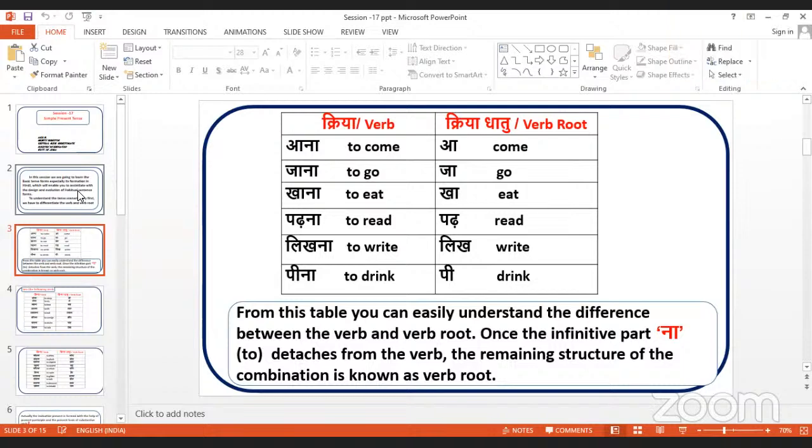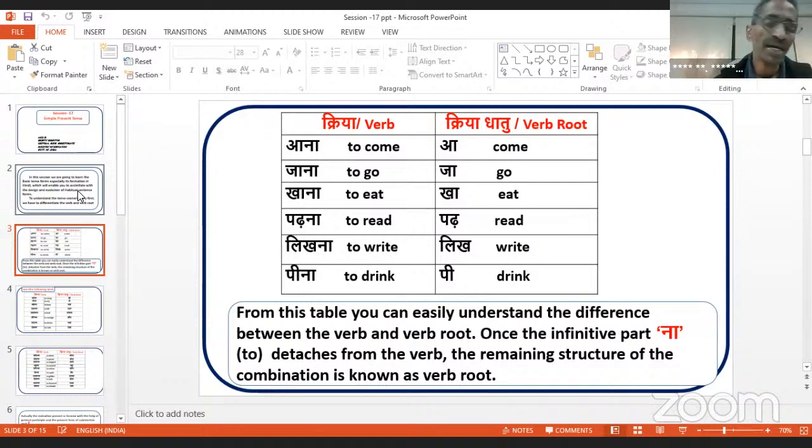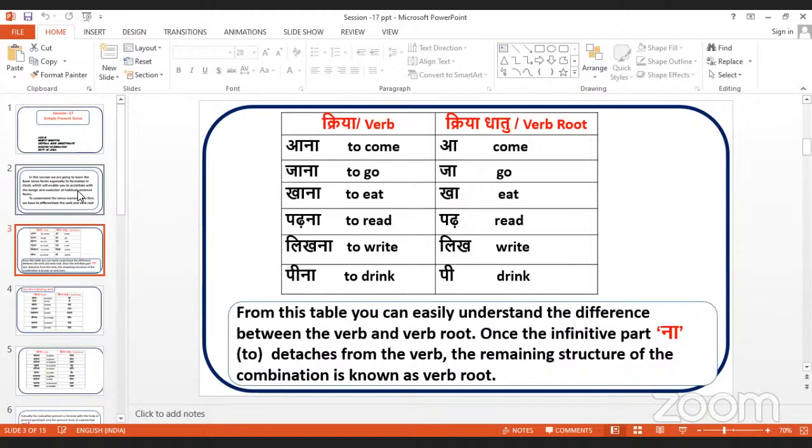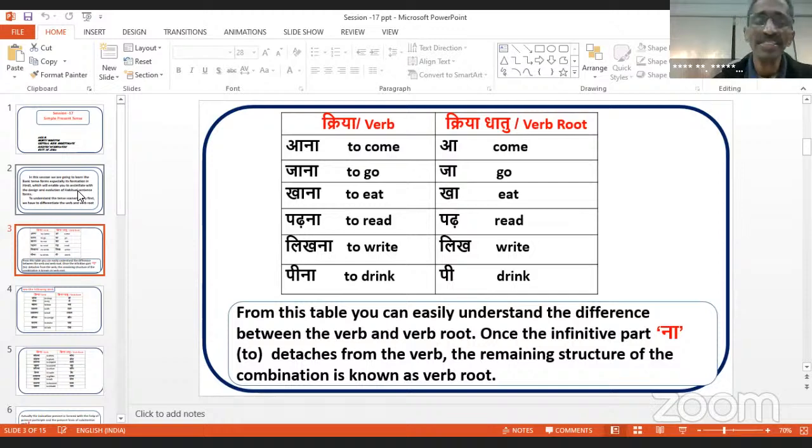Jana, to go. Khana, to eat. Padhna, to read. Likhna, to write. Pina, to drink. Dekhna. So many verbs are there. There is no shortage of verbs.